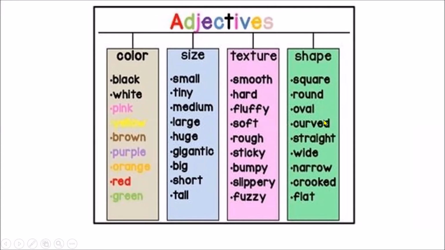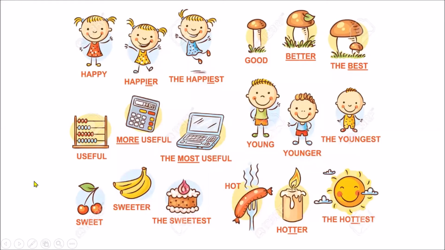Texture: smooth, hard, fluffy, soft. Shape: square, round, oval, and curved. So, based on color, size, texture, shape, these are the adjectives. Adjectives are describing words. They describe usually nouns and sometimes pronouns.